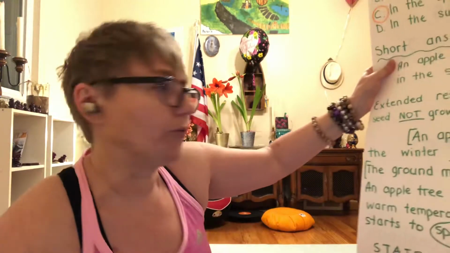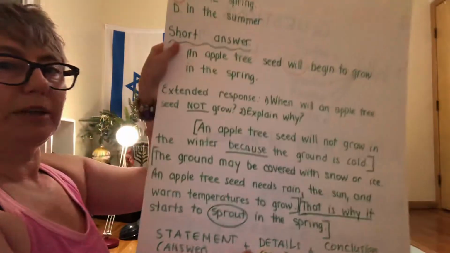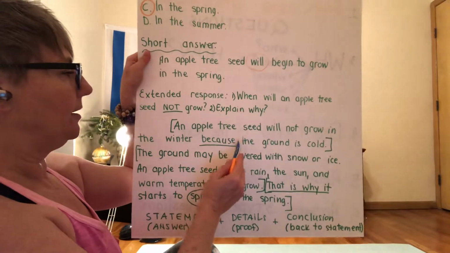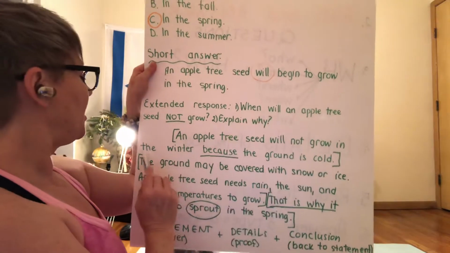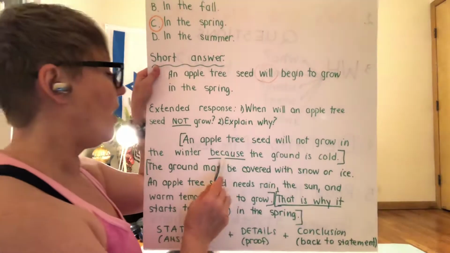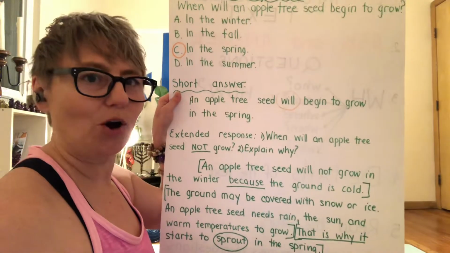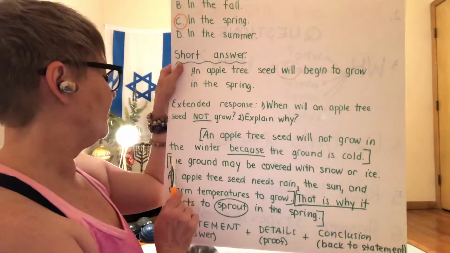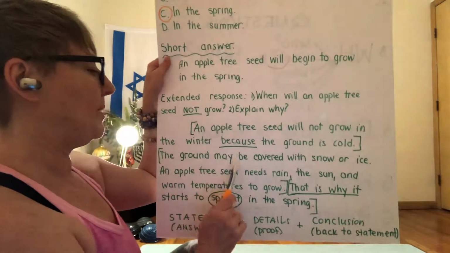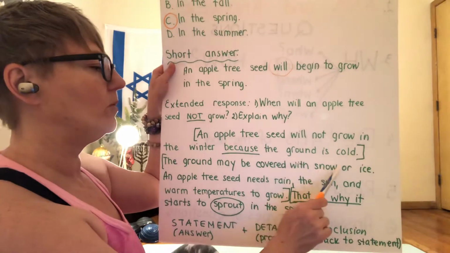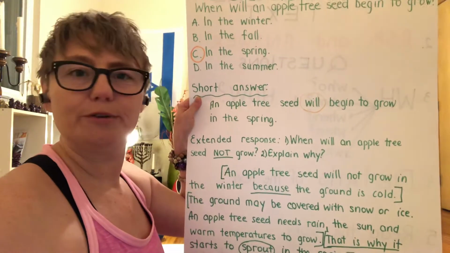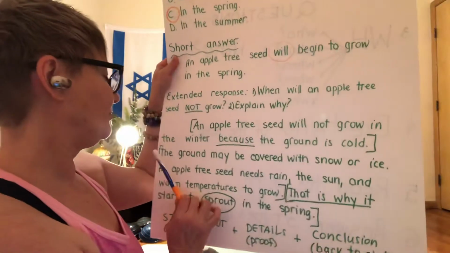An apple tree seed will not grow in the winter. An apple tree seed will not grow in the winter because the ground is cold. The ground may be covered with snow or ice.